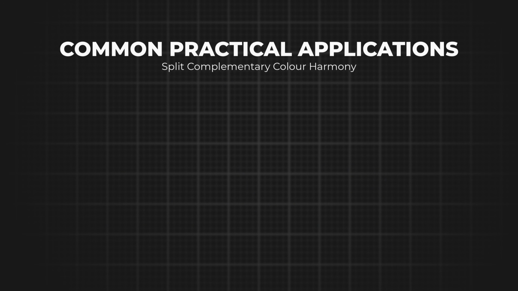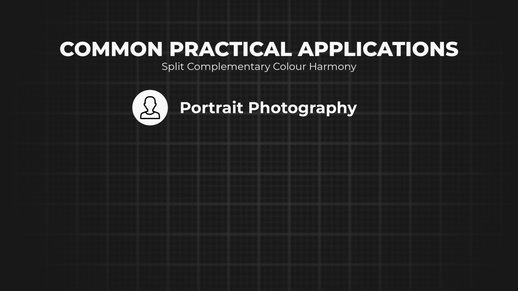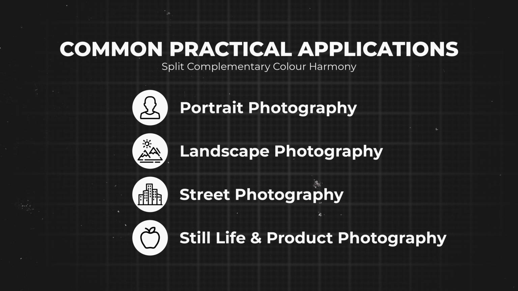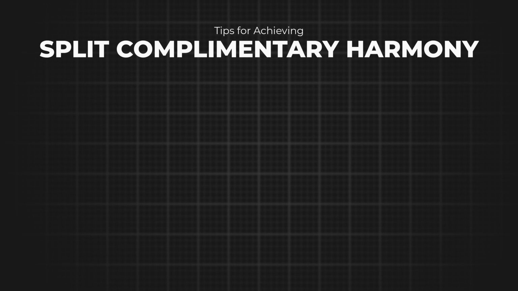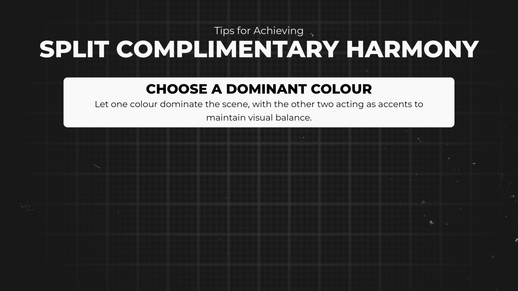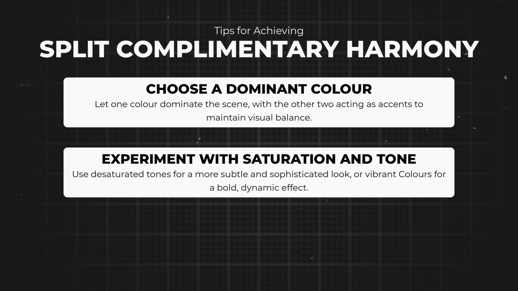Now, you'll find this everywhere, from portrait photography, landscape photography, street photography, and even still life and product photography. Now, tips for achieving a split complementary colour harmony is always find a dominant colour. One colour as the dominant scene, then the other two colours to accent, to aid as visual balance. And also, I'd experiment with saturation and tone.